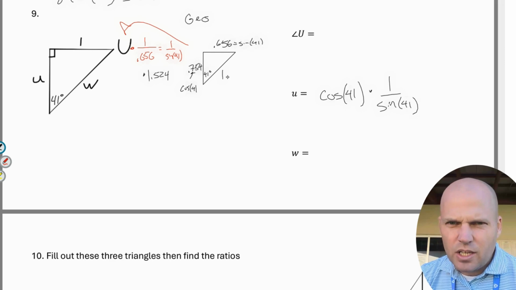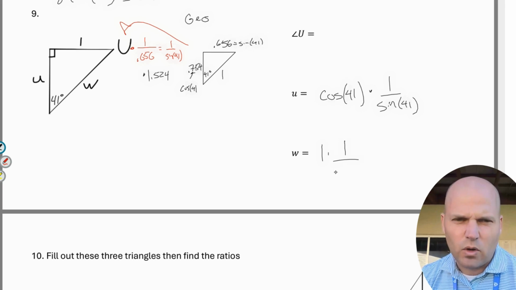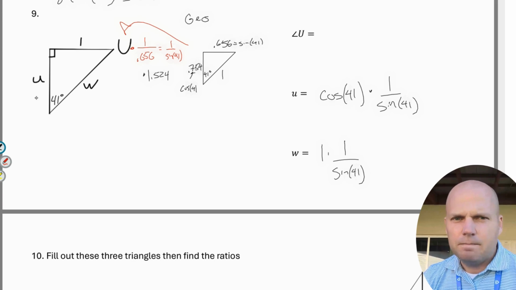W is going to be 1 times the scale factor, 1 over the sine of 41. Cool. There's my scale factor.